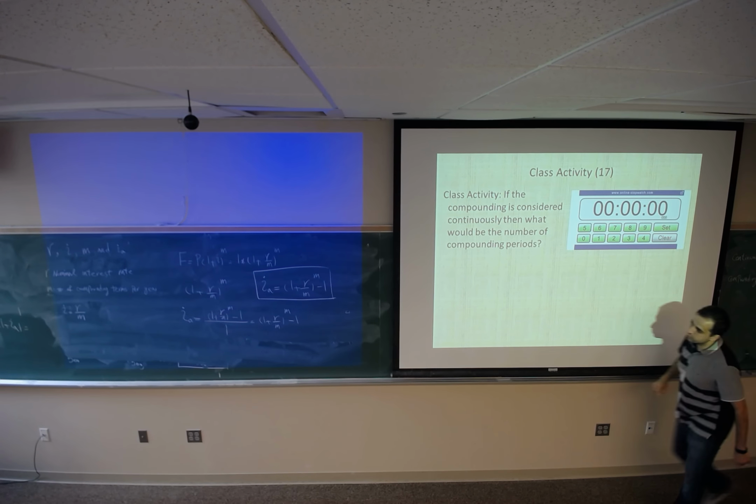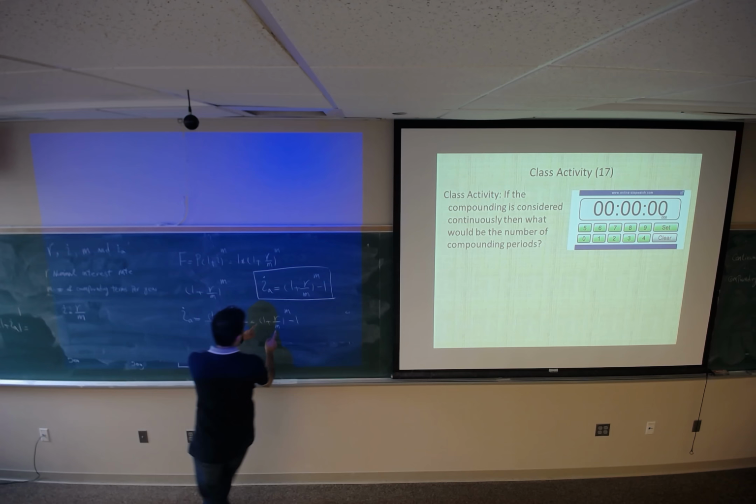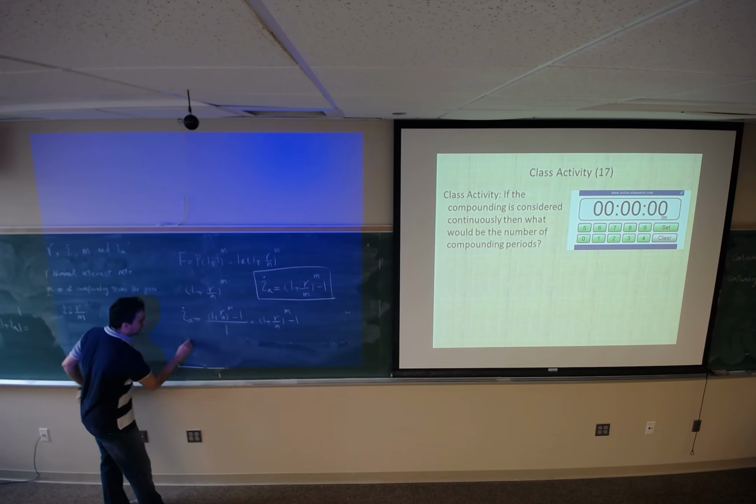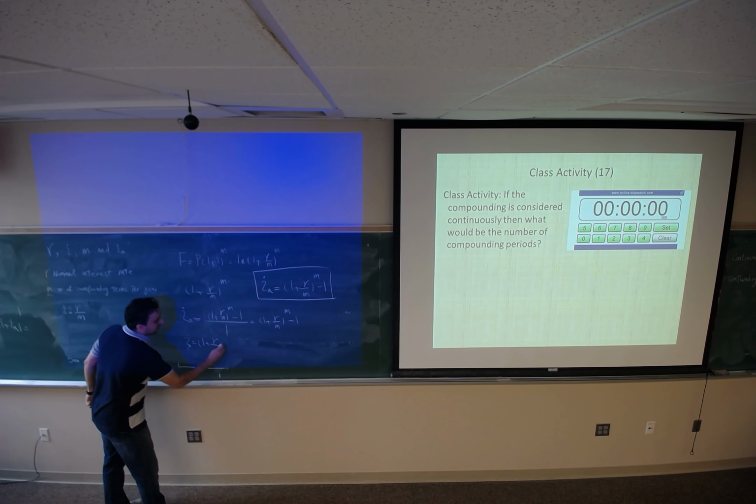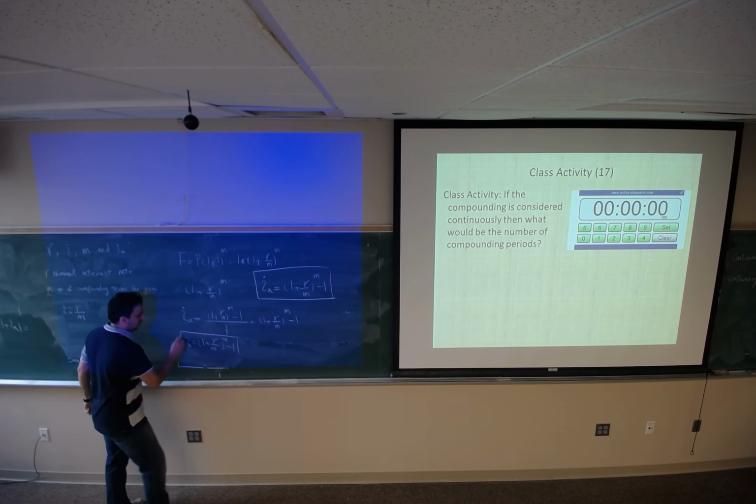So then, if you calculate the effective interest rate, IA equals 1 plus R over M, with M an infinite value, power infinite value, you will get this.